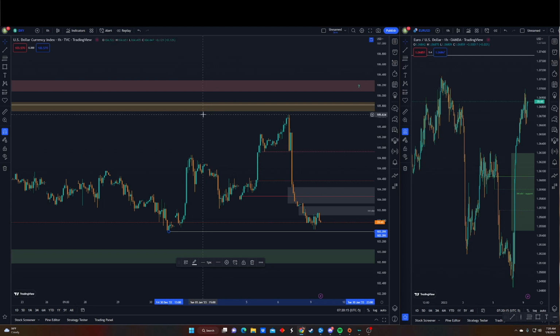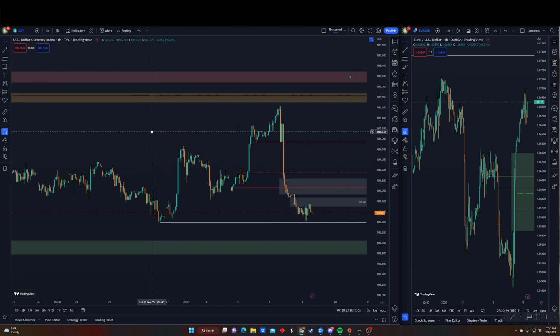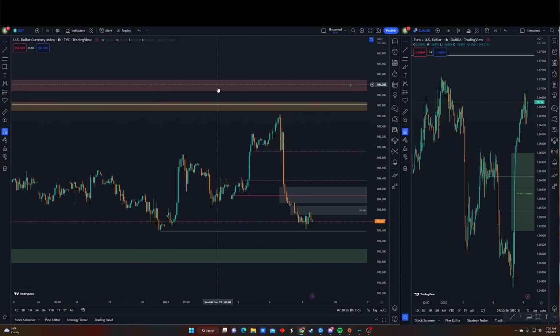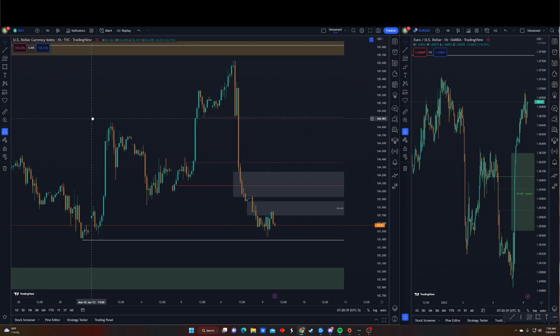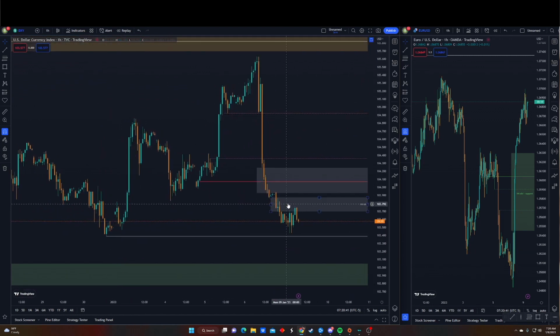So, I really think we're going 103.047 long term. I have some levels up here that I'm interested in as well, but not before I get down here. So it's a 5 a.m. high.